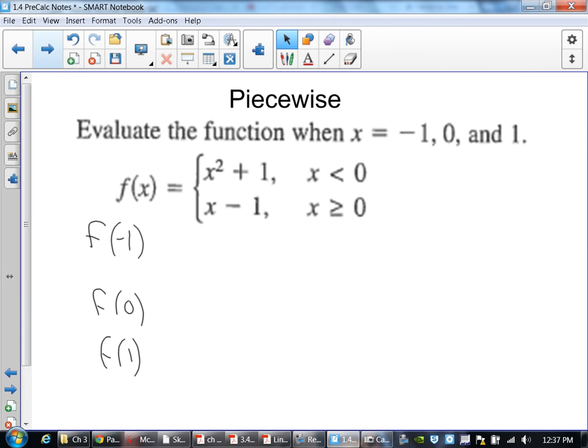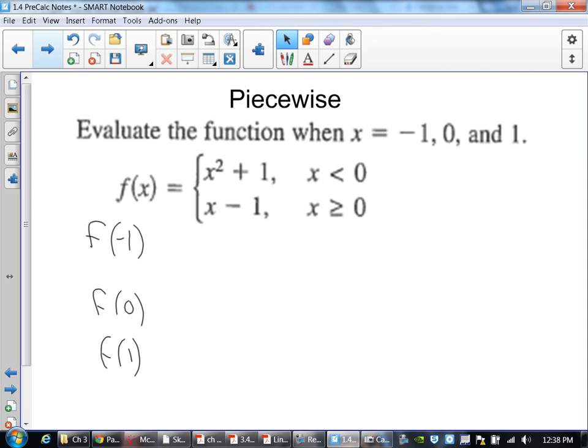For -1, which one of these two functions would you choose? Is it the bottom one or the top one? Is -1 bigger than or equal to 0, or is it smaller than 0? It's smaller than 0, so which one am I going to use? Top. That's what this is asking you to do. I don't believe you have to worry about graphing any of these things at all.